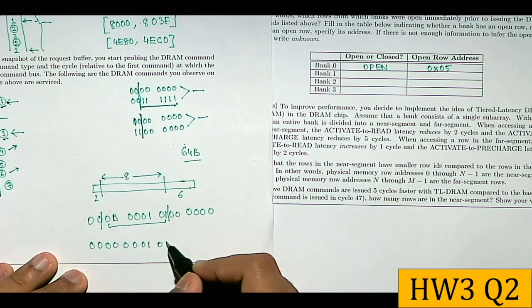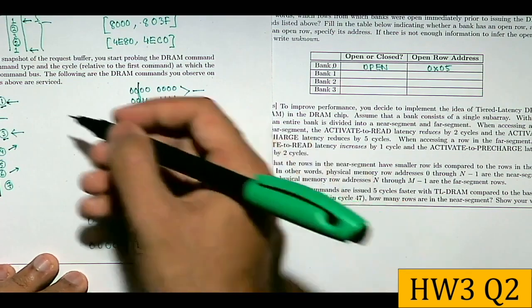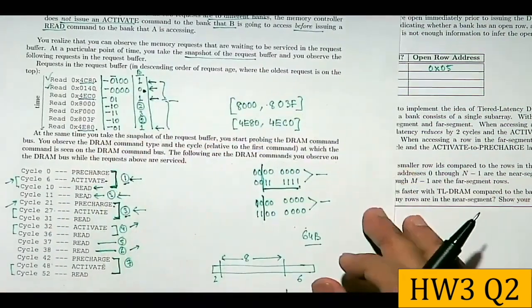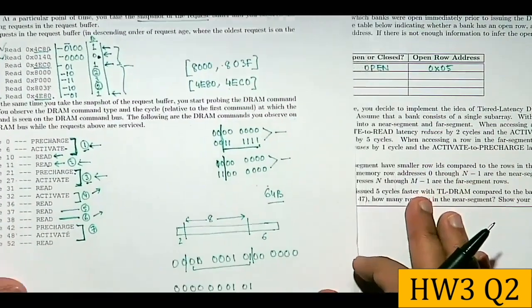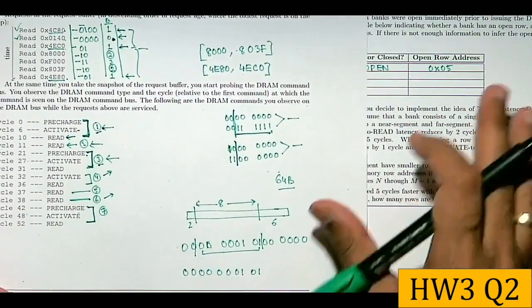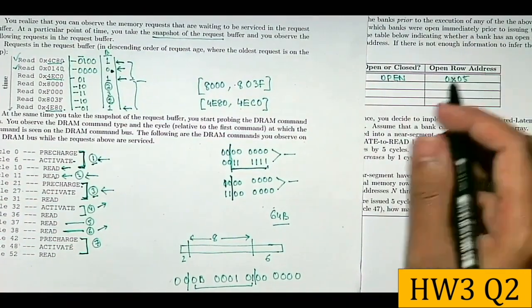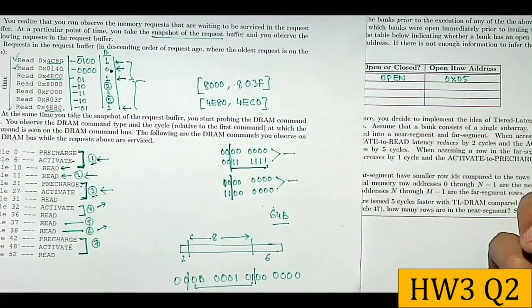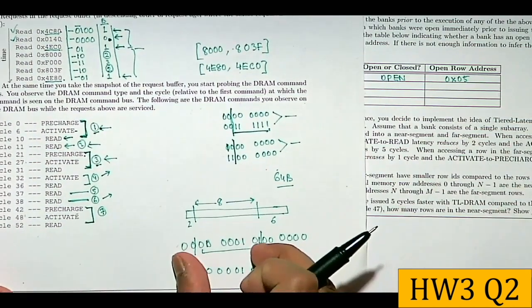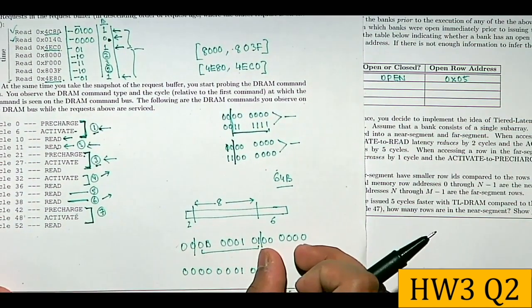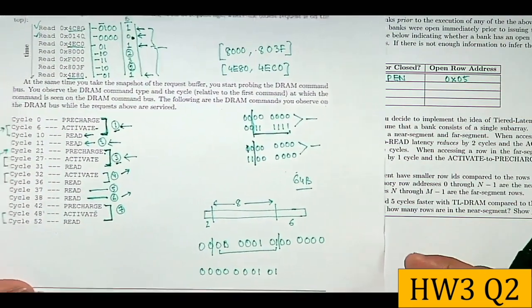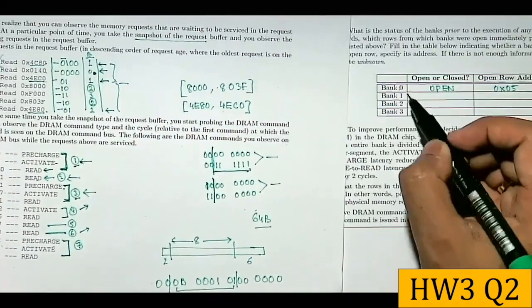You know how to do this. This is the first address basically. But this is how you should approach the question: the open row address would be the first address of the row, and this portion will be 0 for the first address. Make sense? Okay.